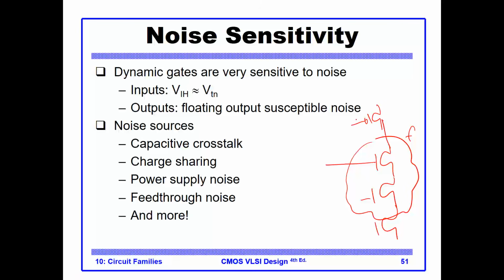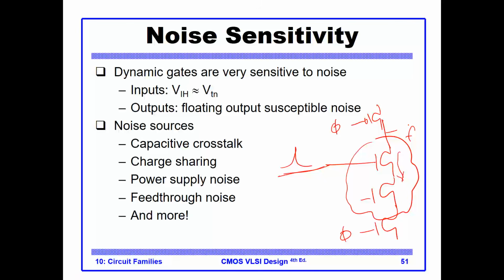So this is phi here, and this is phi here. This is the input. Any noise in this input can start erroneously discharging this output, and therefore they tend to be very sensitive.